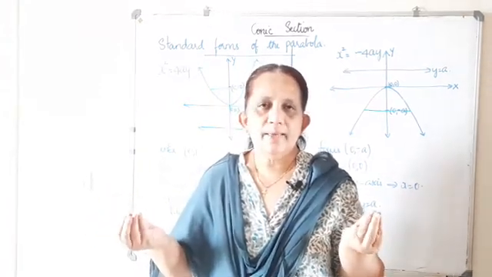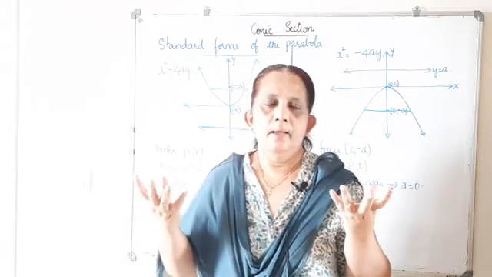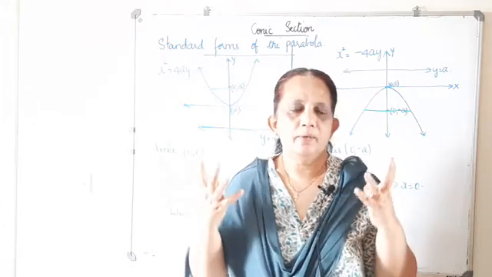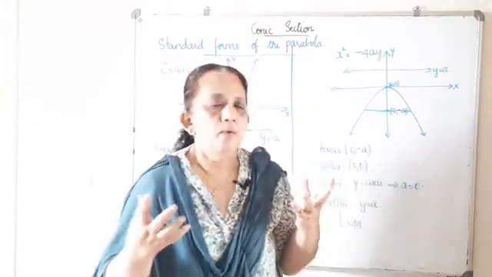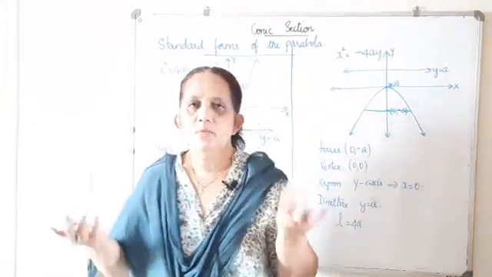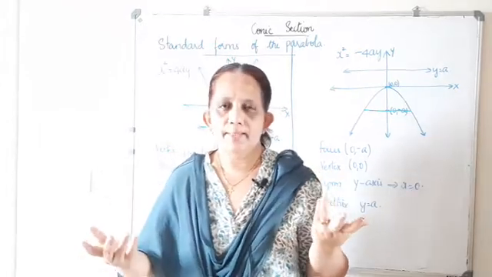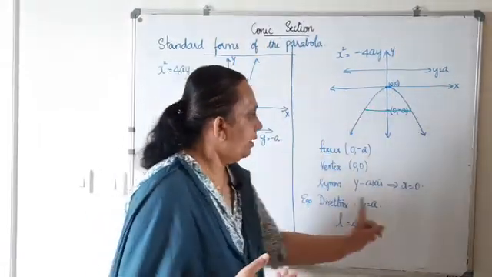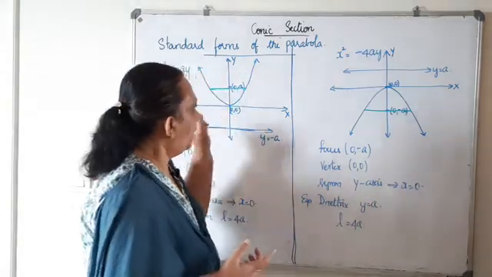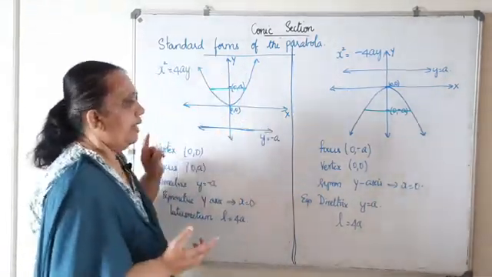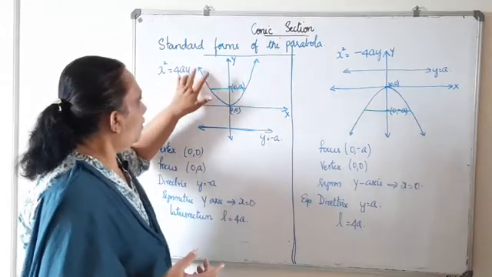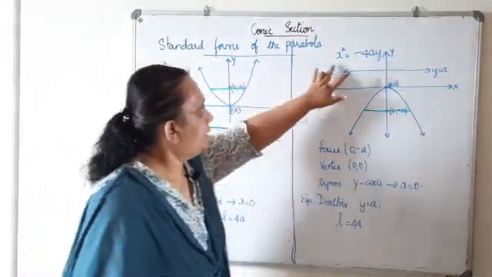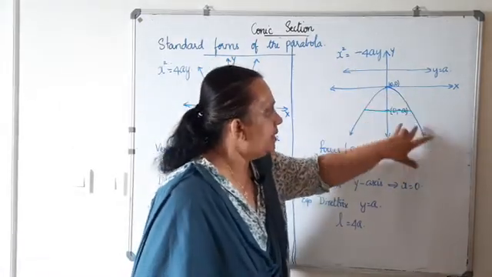In the standard parabolic section there are 4 types: y squared is equal to 4ax opens to the right, y squared is equal to minus 4ax opens to the left, x squared is equal to 4ay opens up, and x squared is equal to minus 4ay opens down.